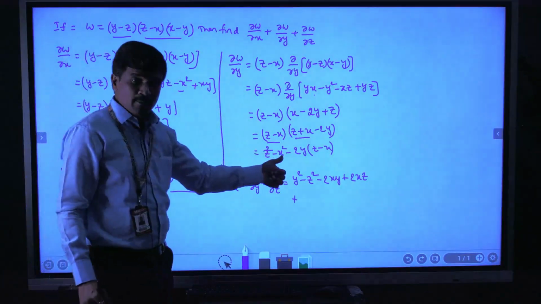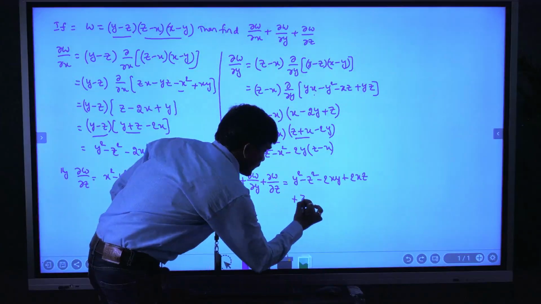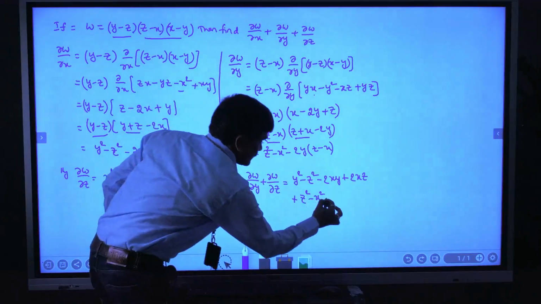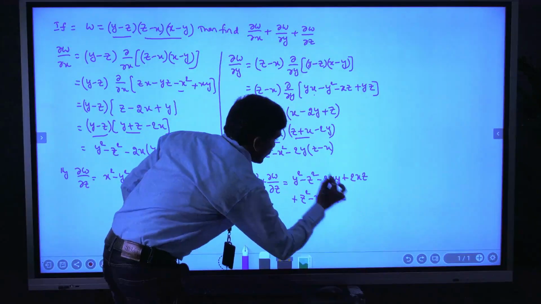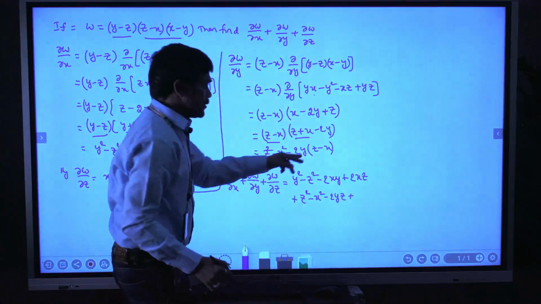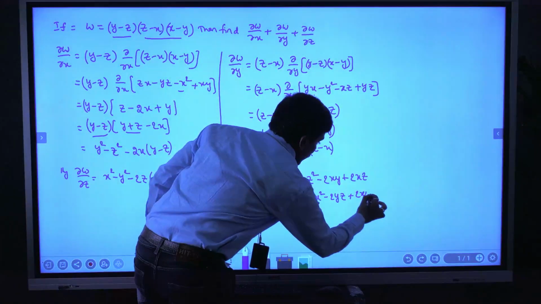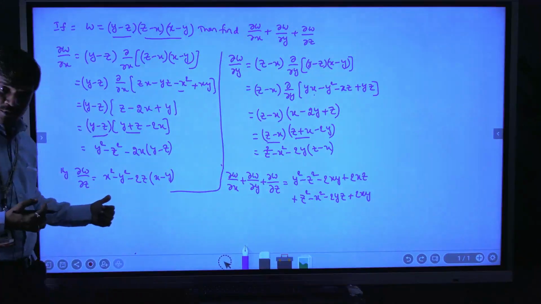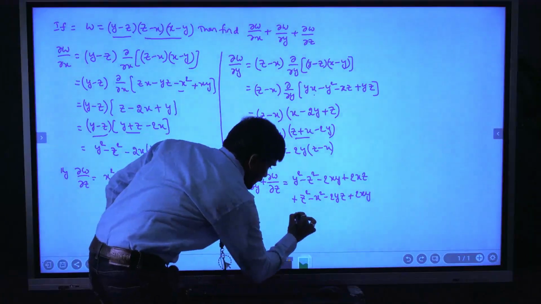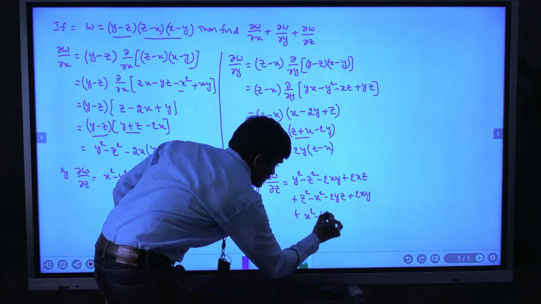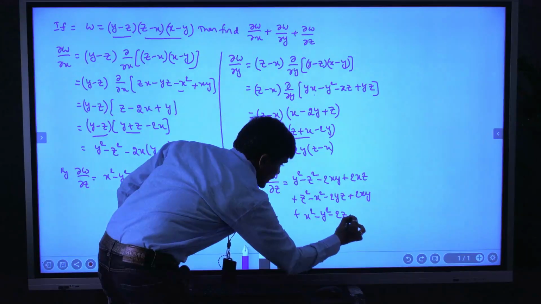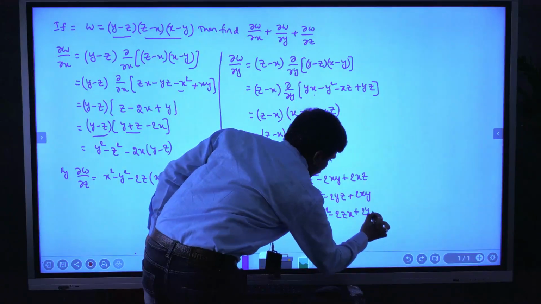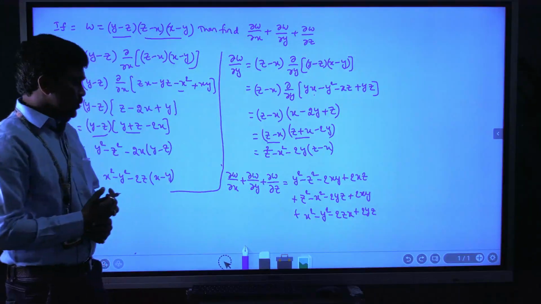Dou w by dou y is z square minus x square, minus 2yz, plus 2xy. Dou w by dou z is x square minus y square, minus 2zx, plus 2yz. So these are the values.